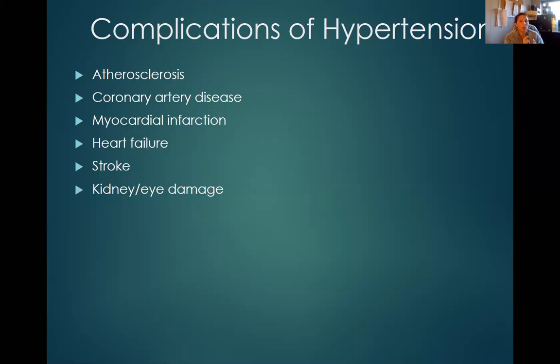And when that occurs, it will continue to back up into each atrium or ventricle or space before that, lungs, and eventually back up into the lower extremities. And that's going to result in heart failure over time.